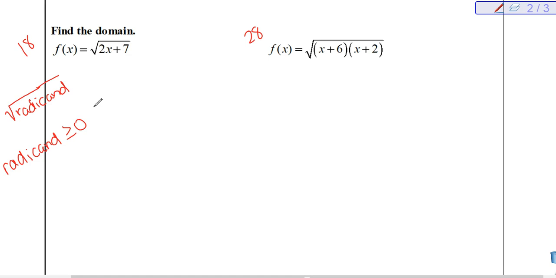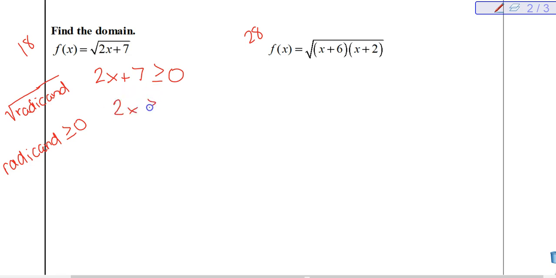So when we're looking for our domain, we're excluding all of the x's that create a negative radicand. So here's what we do. We just take our radicand, 2x plus 7, set it greater than or equal to 0, and solve it. And that'll tell us our domain.